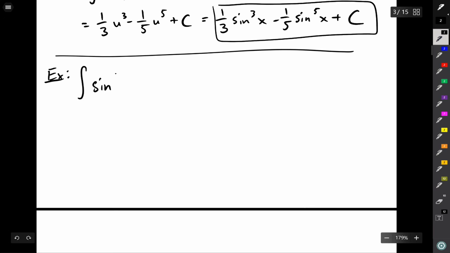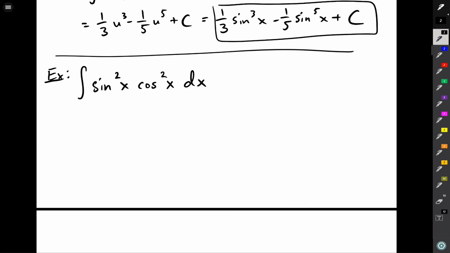Let's say, just to keep life simple here, let's look at sine squared x, cosine squared x. All right? So if both powers are even, we have to rely on those trig identities from earlier, right? Because if both powers are even, there's no way to pull out one extra copy of the function.